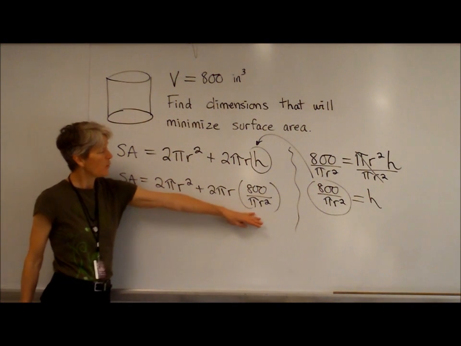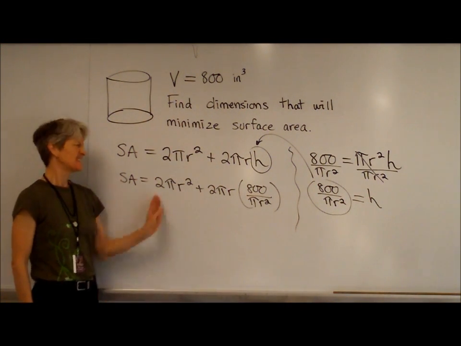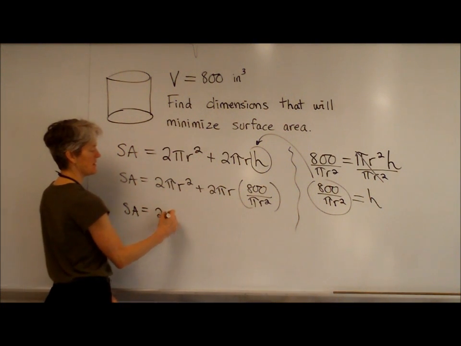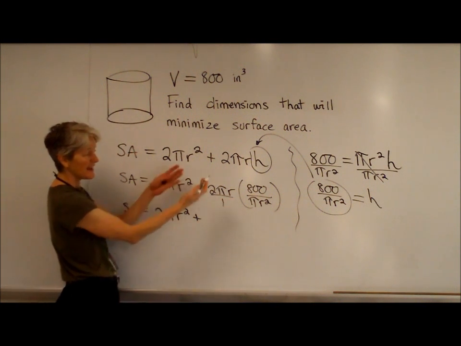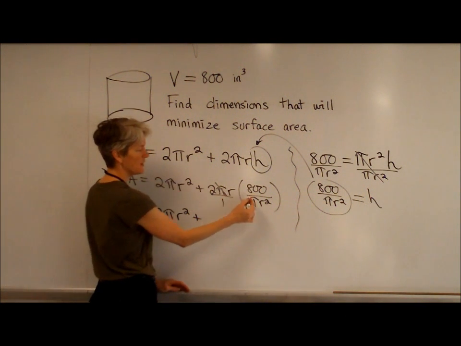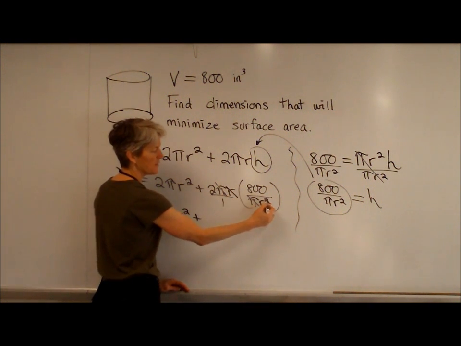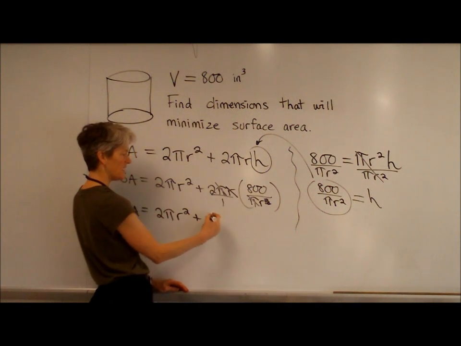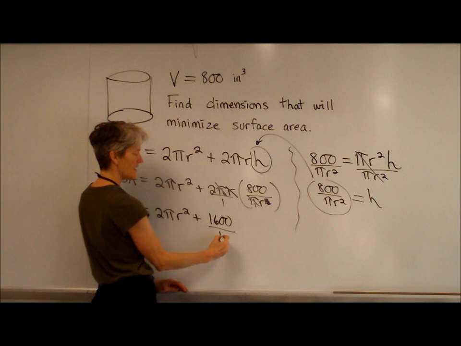Now I have my equation for surface area just in terms of r. Let's clean that up though, shall we? What do you think? Sounds good. Throw that over 1. I can do some dividing before I multiply. The pi divided by pi is 1. R divided by one of those r's is 1. So it looks like I have 2 times 800, which is 1600 in the numerator, 1 times r in the denominator.